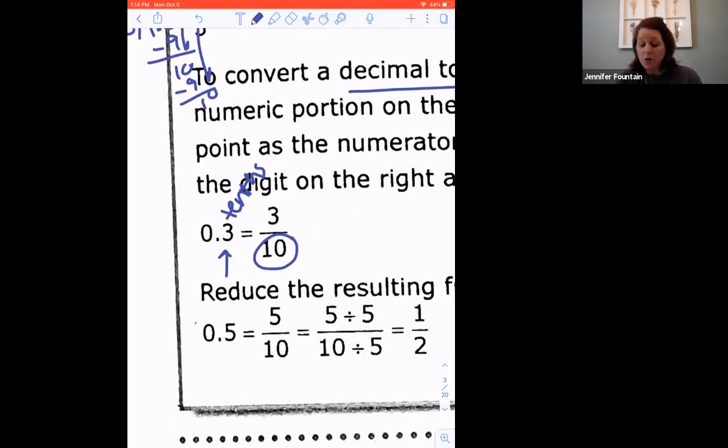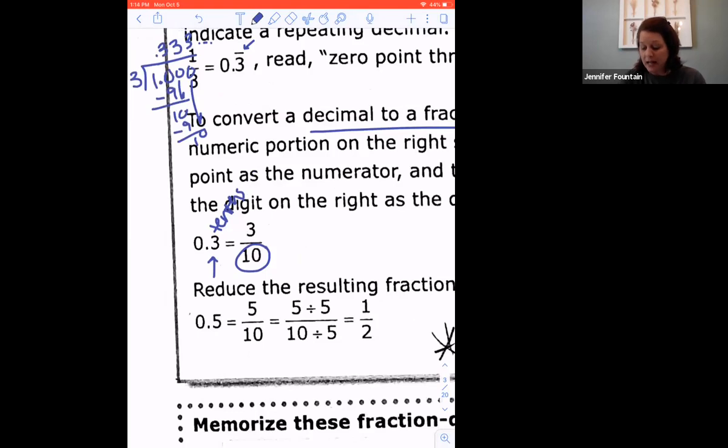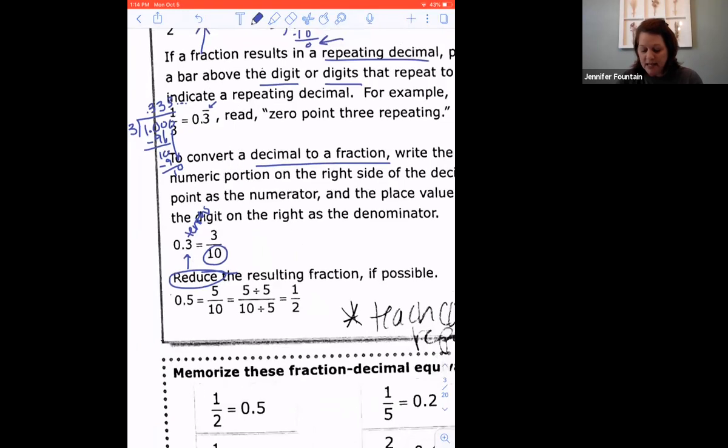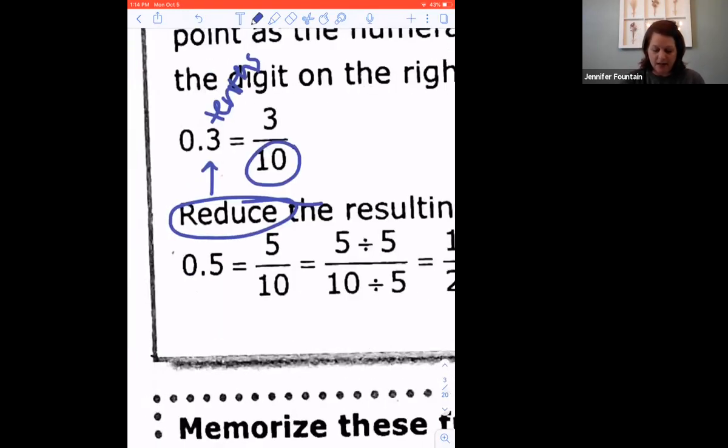Now, one of the things I always have to be careful of when I'm writing fractions is that I have to reduce to simplest form anytime I can. So now I reduce the resulting fraction if possible. So like in this example, I've got 0.5. Again, this is in the tenths place. So my denominator is 10.